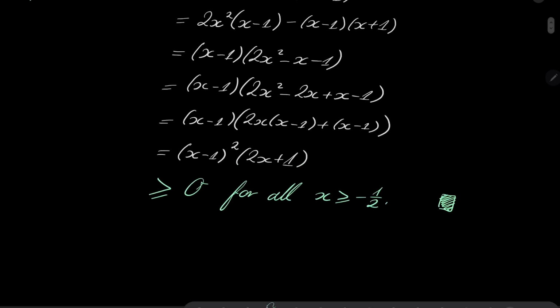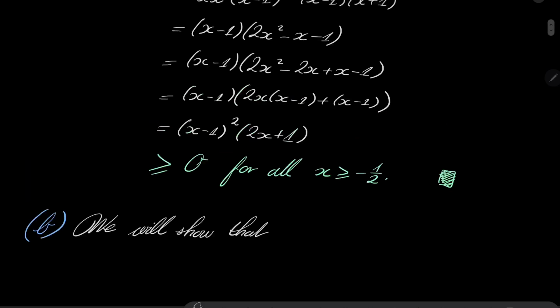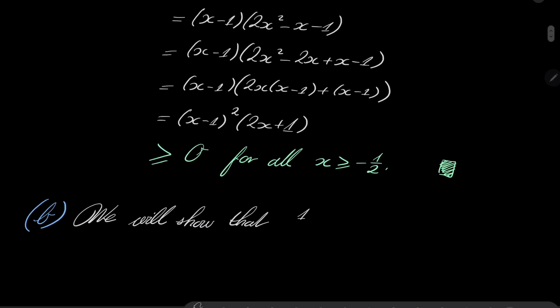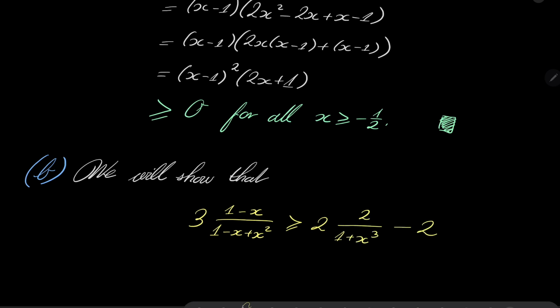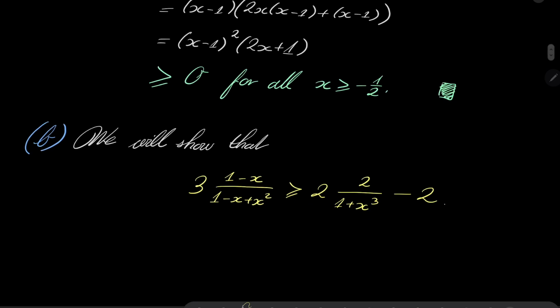Part B, more challenging. For part B, we will show first that 3(1-x)/(1-x+x^2) is greater than or equal to 2 times 2/(1+x^3) minus 2. I will show this inequality.